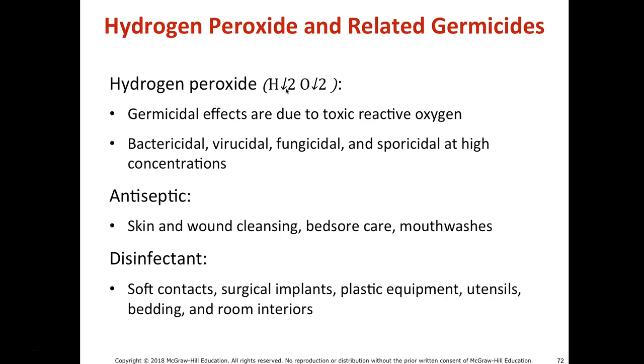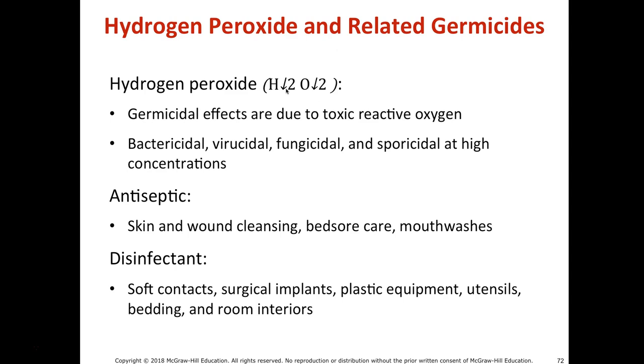Hydrogen peroxide is one of those gold standards of a germicide because it can kill off a full spectrum. It's bactericidal, virucidal, fungicidal, and sporicidal at high concentrations, without affecting our bodies too much.